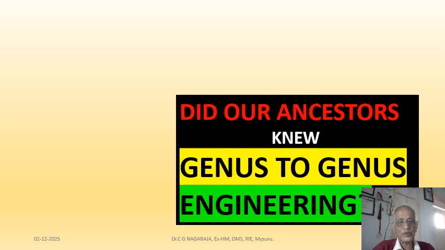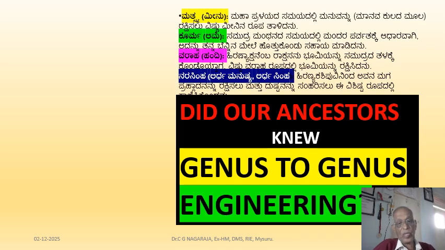Here, I will ask you one simple question. Did our ancestors know genus to genus engineering? Matsya, Kurma, Varaha, Narasimha, these are mythological gods we approach to worship.